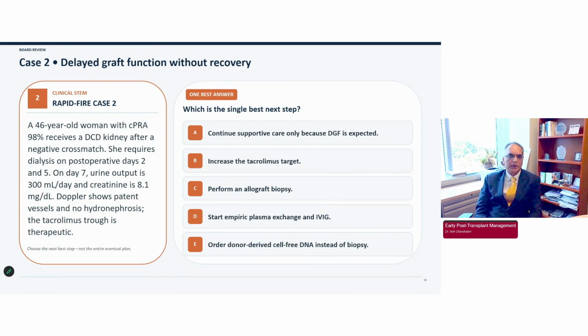Doppler shows patent vessels, no hydronephrosis, and the tacrolimus trough is therapeutic. What is the best single answer? Continue supportive care because DGF is expected, increase tacrolimus target, perform an allograft biopsy, start empiric plasma exchange and IVIG, or order donor-derived cell-free DNA instead of a biopsy.